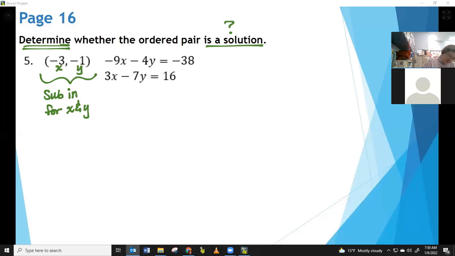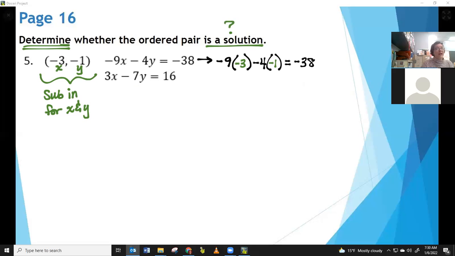All right, so let's try this first equation right here. We have -9, and then in the place of the x, I'm going to put -3. -4, and then in the place of the y, we're putting in -1, equals -38. This is kind of like a check.